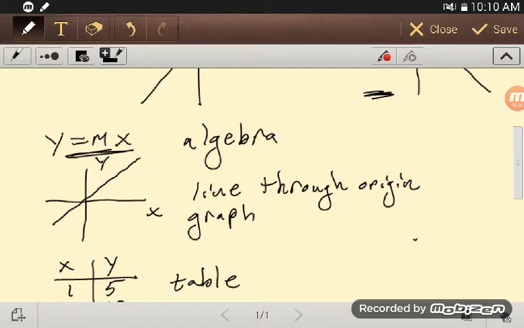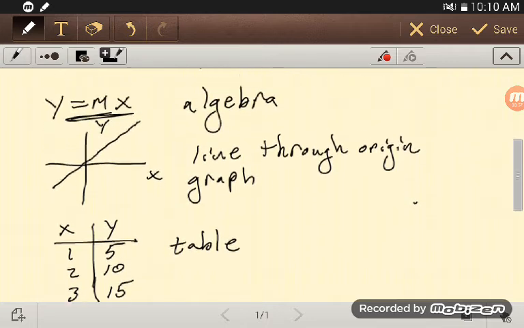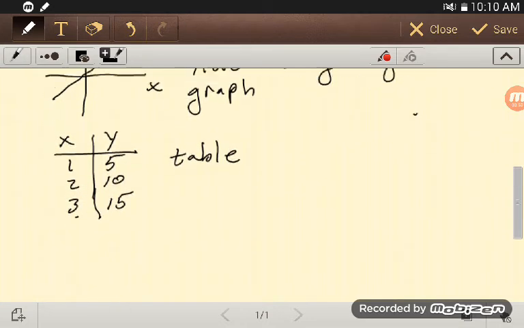There's y equals some constant times x, but the table, we have to look at the numbers and think about it a little bit. We can see that y is just 5 times 1, and then 5 times 2, and then 5 times 3, and so that's the language that we already have.